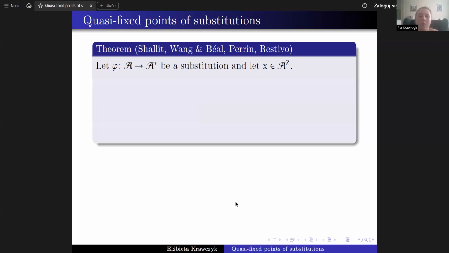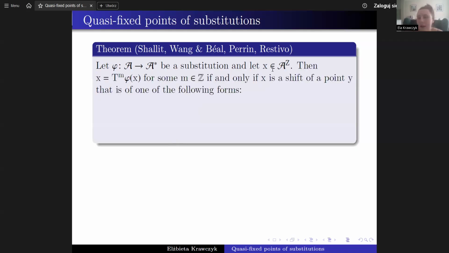But what all these results show is that you can characterize these quasi-fixed points in the following way. I have a point in my shift. Then I say that this point is a quasi-fixed point if and only if it is a shift, either to the left or to the right, of a two-sided point y, which is of one of the following forms.